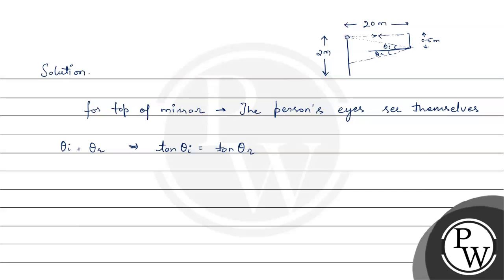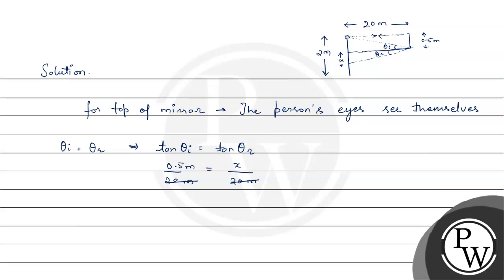So what is the value of tan theta I? Tan theta I will be equal to 0.5 meters upon 20 meters, and tan theta R will be equal to, let's suppose this part is x, x over 20 meters.